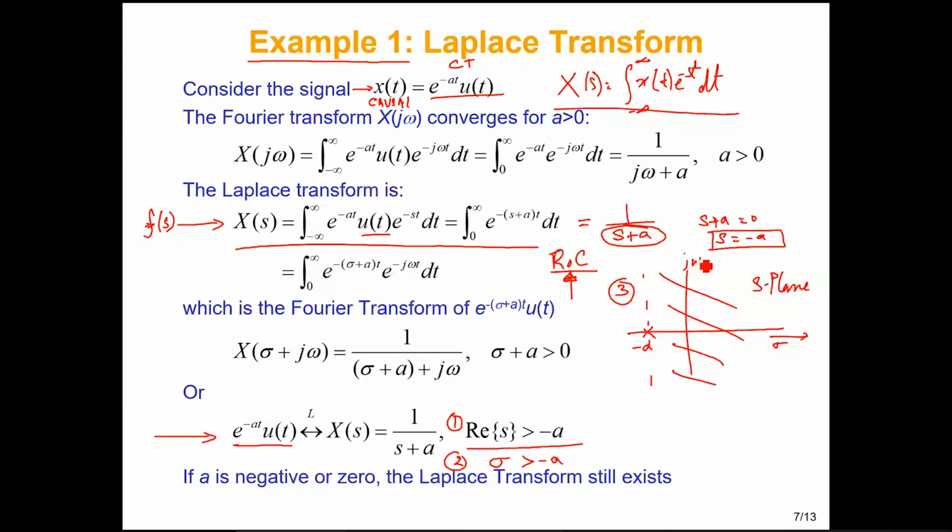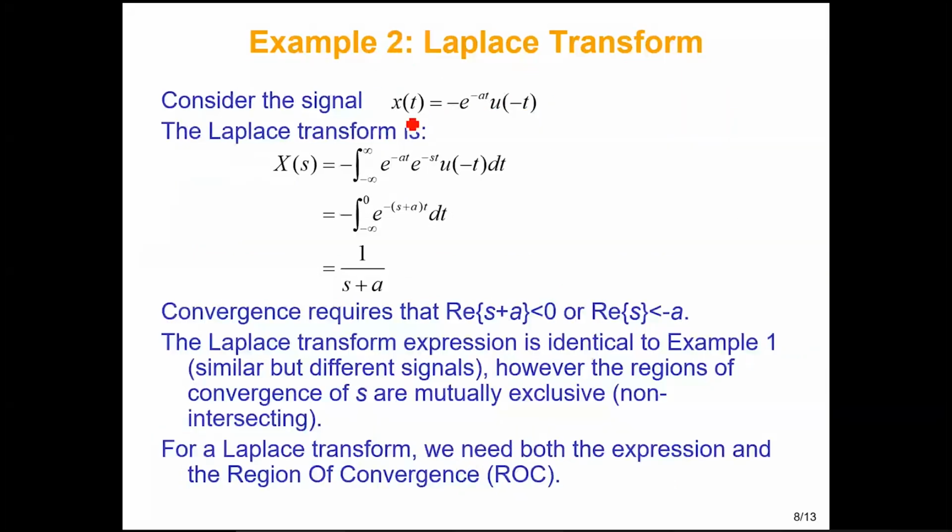Now, this is one example. Let's take another example. In this example, we have x of t given to us as minus e raised to the power of minus at u of minus t. Now see this. This was causal. Why is this causal? This is because of this u of t, which made it right-sided.